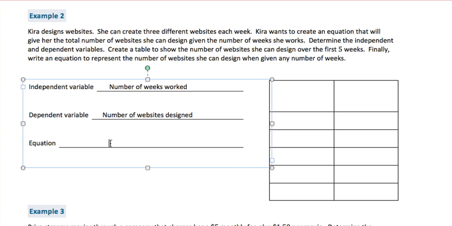And our equation then would be D, the number of websites designed, would be 5 times W, 5 times the number of weeks she works.